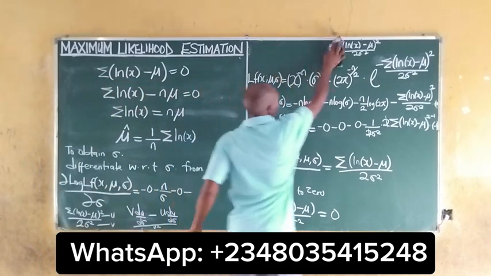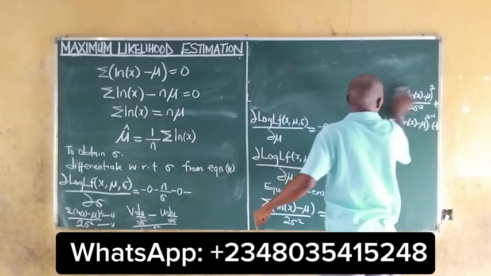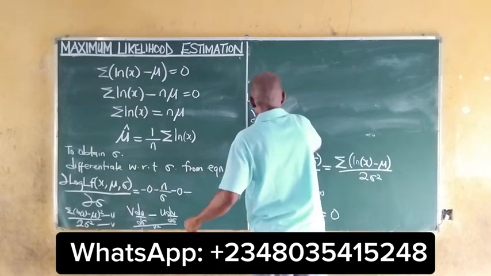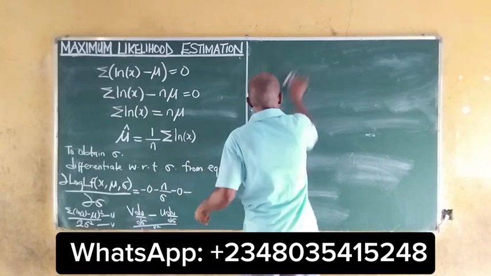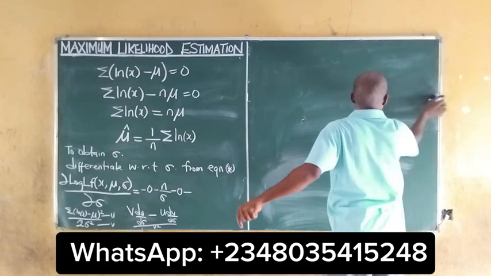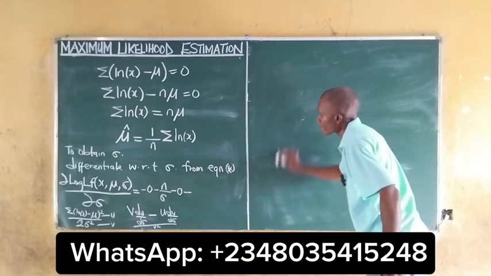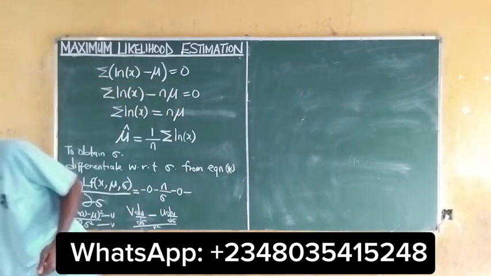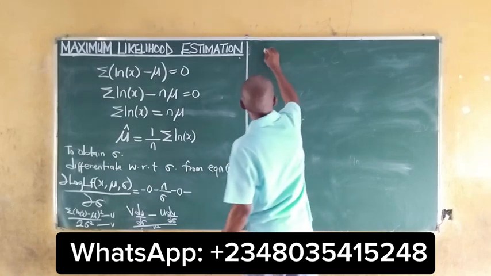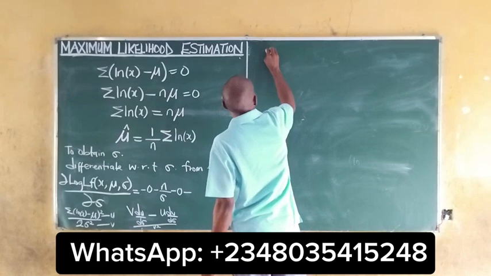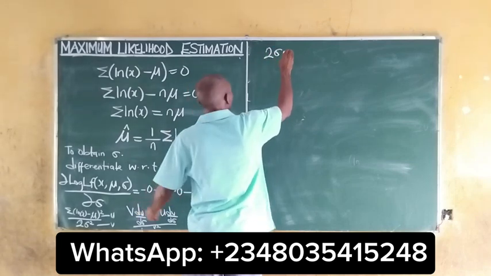We differentiate that first before we put what we got here. What is our v? Our v is 2 sigma squared.